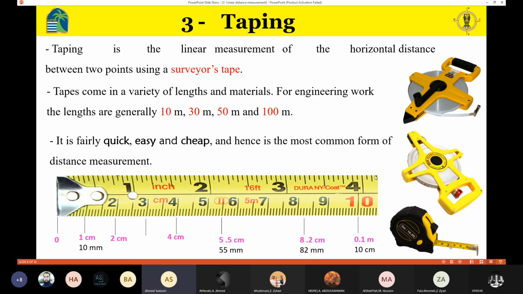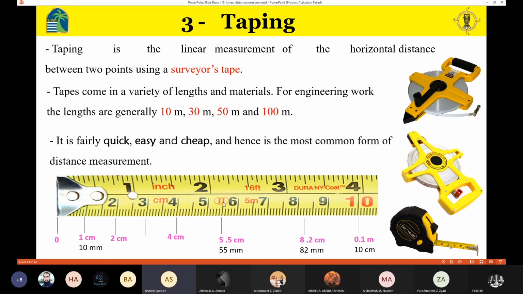So for example, we are going to use this tape. The 0 is here. From here to here represents 1 centimeter, or 10 millimeters. From here to here represents 2 centimeters, and so on.